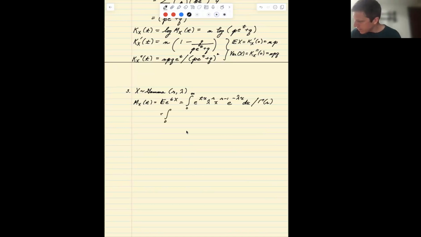Rewriting this now, we can fold the exponential in, and we see that this is lambda to the r, x to the r minus 1, e to the minus x times (lambda minus t), over gamma of r.